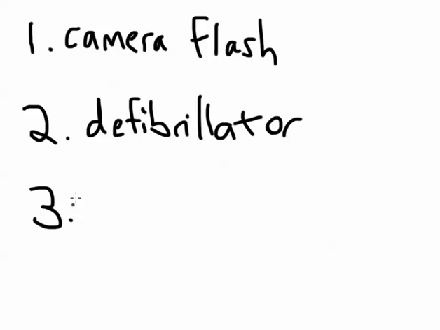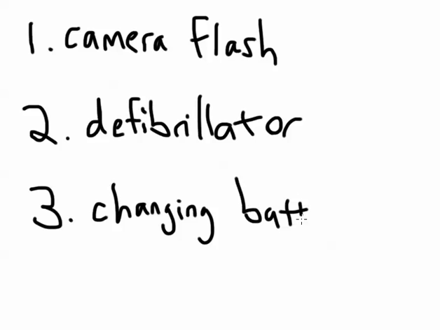Another example is, let's say you have to change a battery on some little electronic device. And let's say the device wants to retain some of its memory while you're taking the battery out.